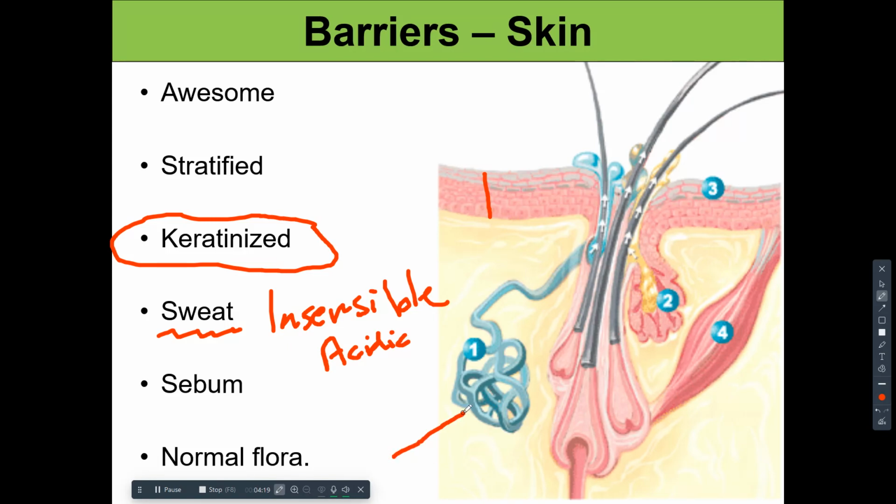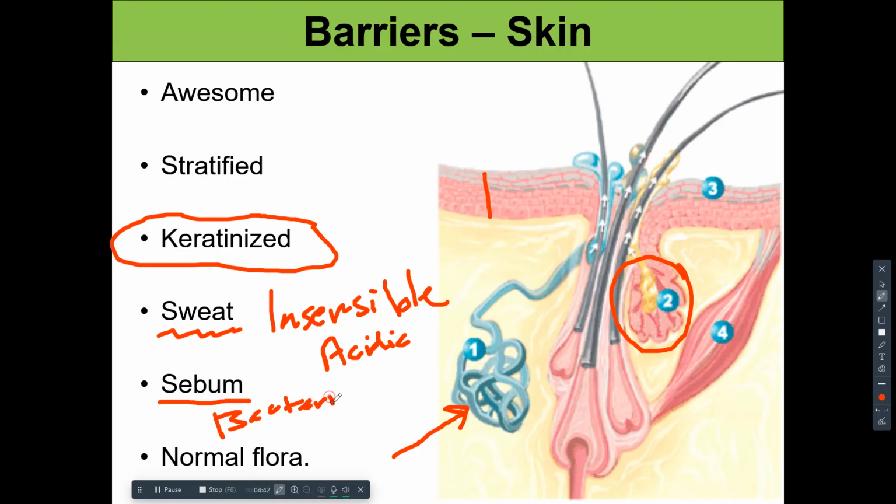So got a sweat gland right here, always making sweat. We got our keratinized stratified epithelium, plus we've got sebum. This is a sebaceous gland right here. It is making sebum. We know sebum is our body's natural moisturizer, oily substance, but it also has bactericidal properties.